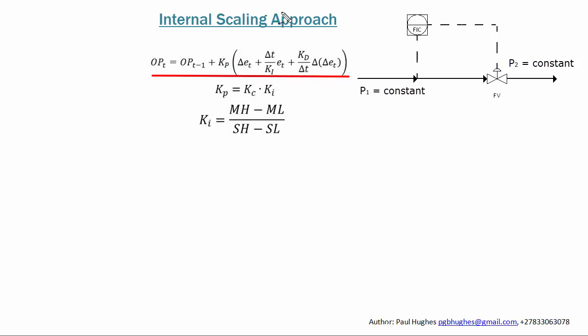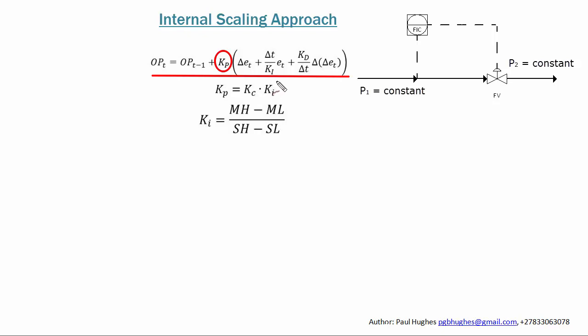This is not the case, however, because there's this value for kp, which is actually a function of some internal scaling factor times the actual parameter which is entered. So kc is normally the gain which is entered into the controller, and there's a ki value which is calculated internally by the DCS or by the control system.